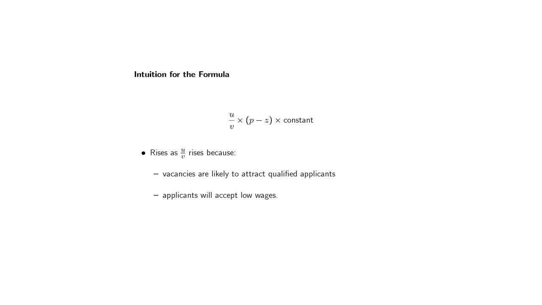Then P minus Z is going to fall, and the benefits of job creation for the firm are going to fall. Why is that? Well, if the worker is getting a lot of benefits from not working, the firm needs to pay a higher wage to attract that worker to work. And so that's why the benefits of job creation go down for the firm if Z is high.